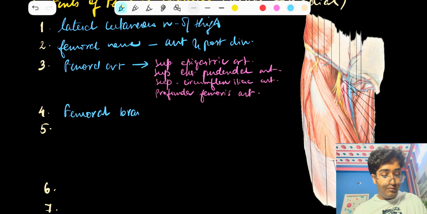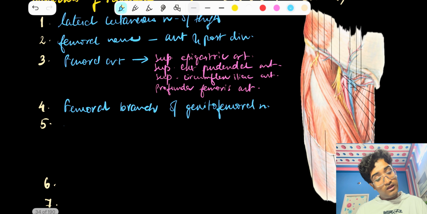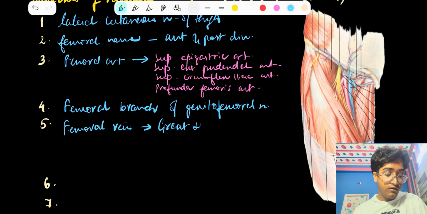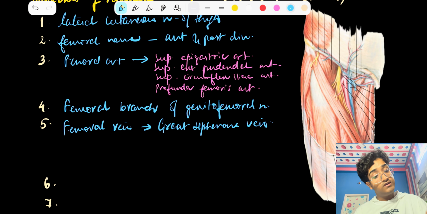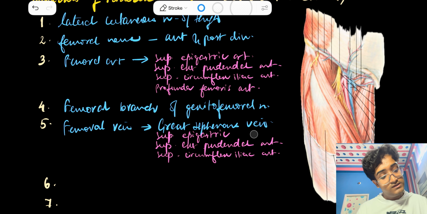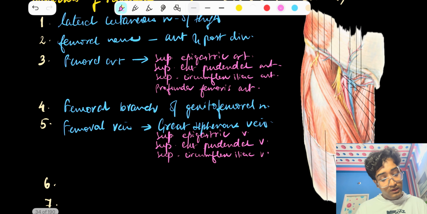Then the femoral vein, which has tributaries of the great saphenous vein, which in turn has tributaries corresponding to these arteries; we just need to change the arteries to veins.